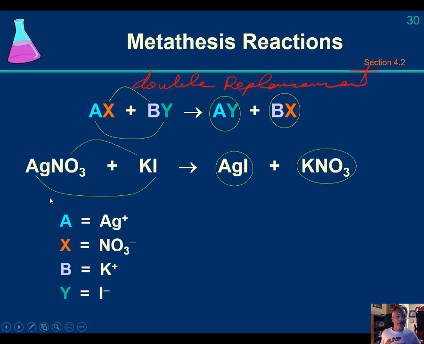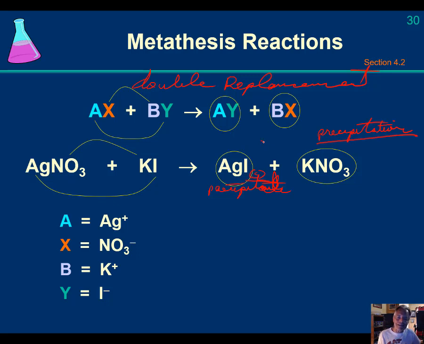But A is going to get together with I and form a precipitate. This is actually a solid, guys. It's a precipitate. And you can always tell precipitates because they fall right out of solution. All right, at any rate, so they've swapped partners. This is a double replacement.